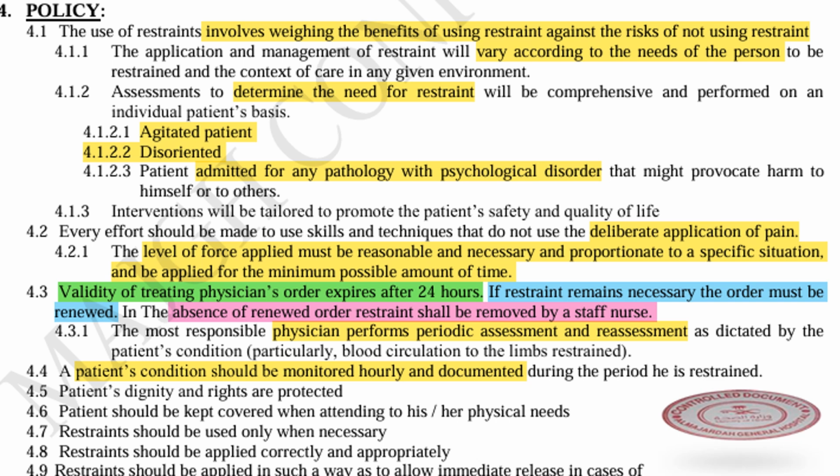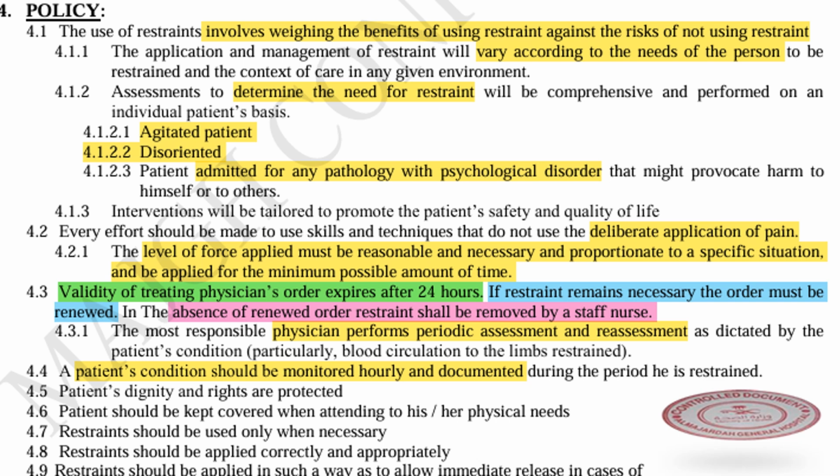Okay, now let's move on to the policy of restraint. The use of restraint involves weighing the benefit of using restraint against the risk of not using restraint. The application and management of restraint will vary according to the needs of the person to be restrained. Assessment to determine the need for restraint will be comprehensive and performed on an individual patient basis.